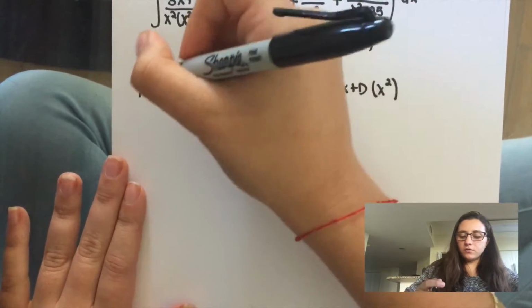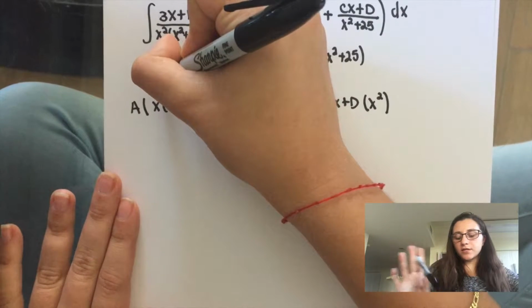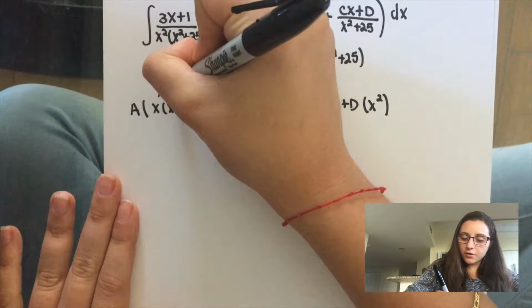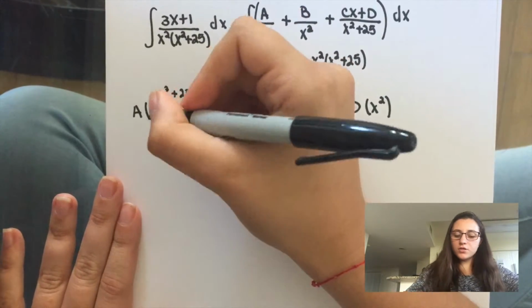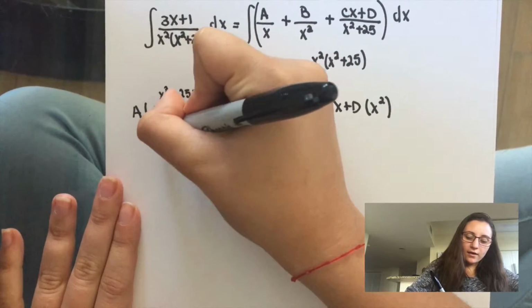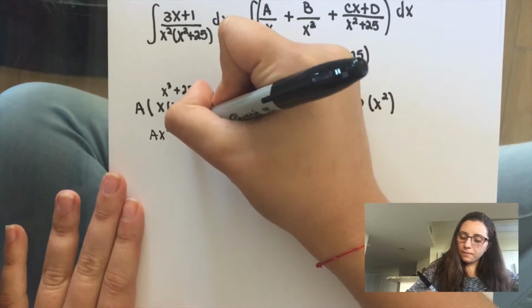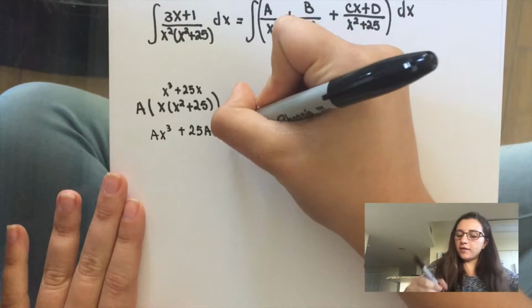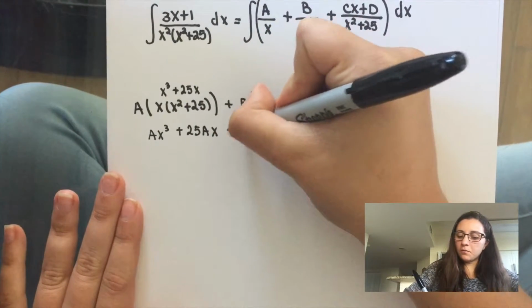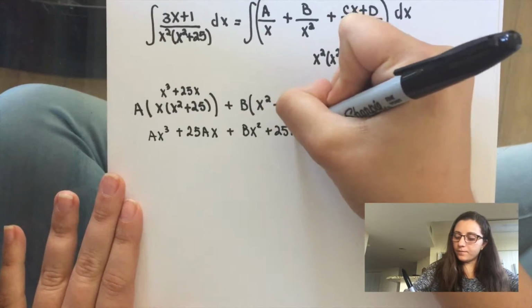So we are going to FOIL this, and for the x times x squared plus 25 we get x to the third power plus 25x. So it's going to be Ax to the third power plus 25Ax. And then for our B, it's just simply going to be Bx squared plus 25B.